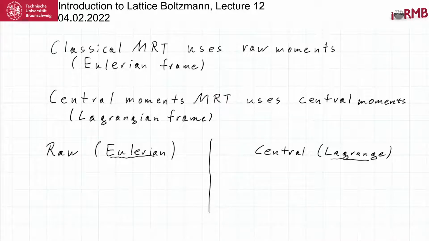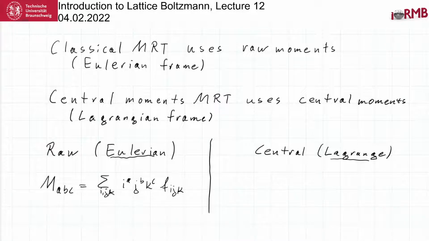Yeah, so the raw moments, you find M_abc. They look like this, and we have seen them many times. This is the sum over i, j, and k of i to the power of a, j to the power of b, and k to the power of c times f_ijk.